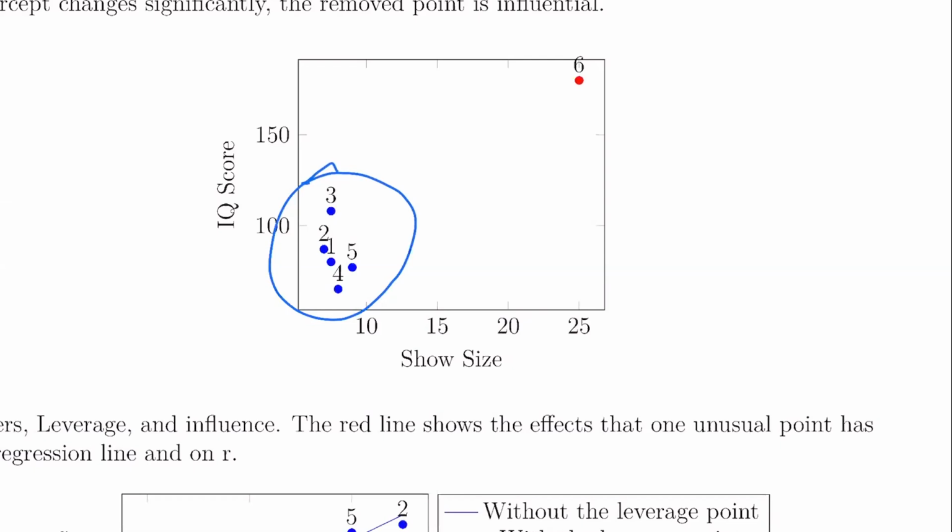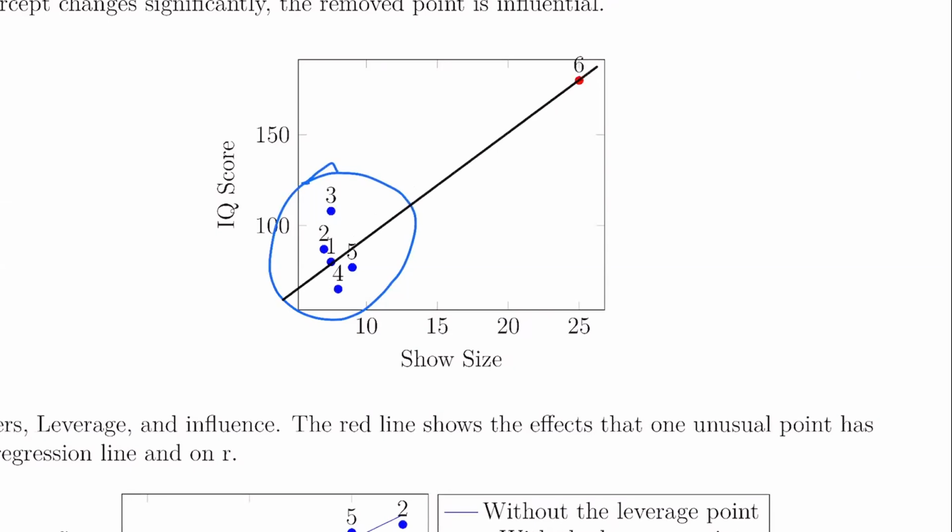So it might be considered an influential point because that dot is so far away from all the other dots. What this influential point will make happen is that our R value will either increase or decrease, because the R value is just going to look at the 6 dots as if the red one fits with the others.